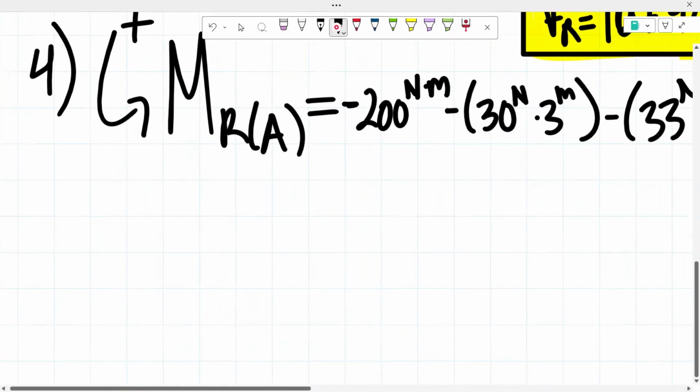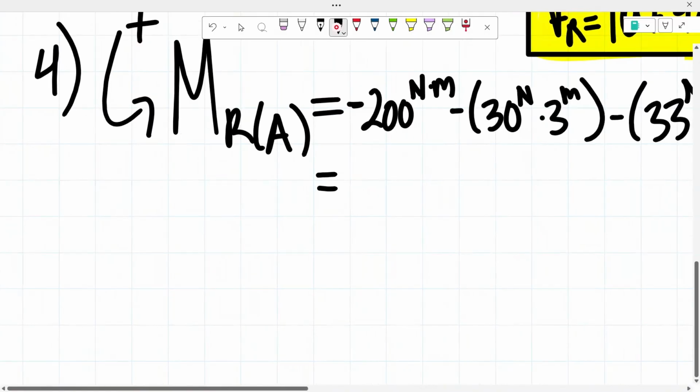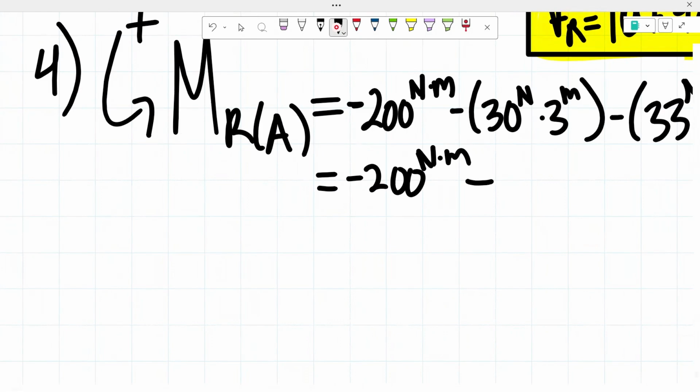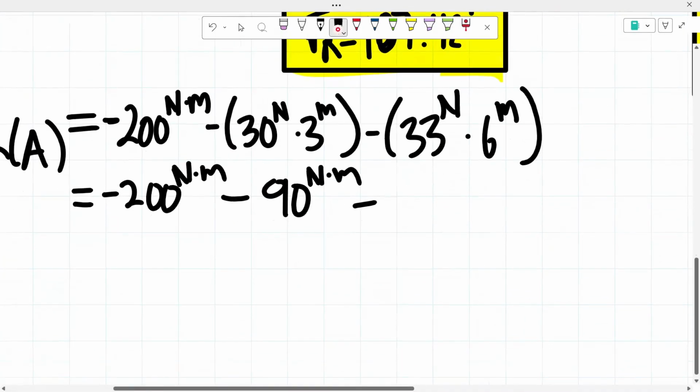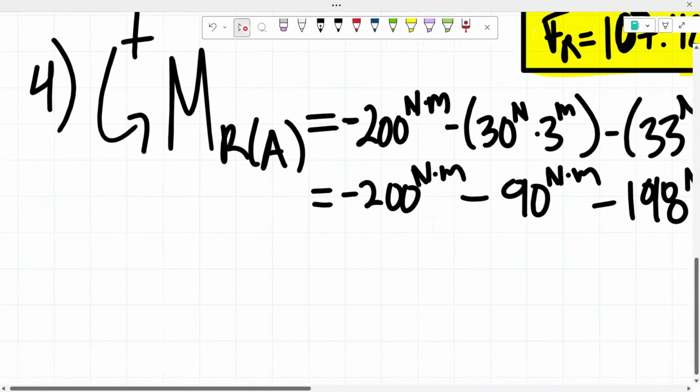So we're just going to find our moment here. We end up getting negative 200 Newton meters minus 90 Newton meters minus 198 Newton meters. Now we're just going to add that up.